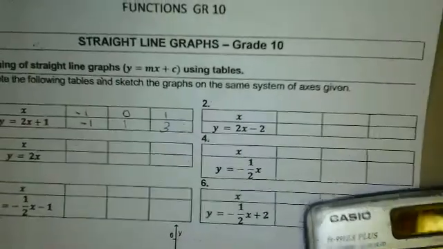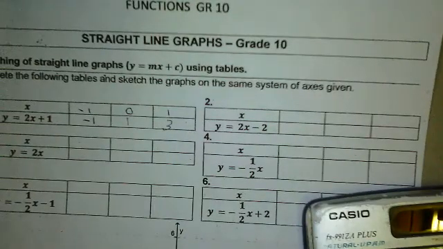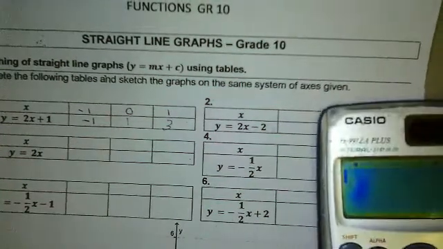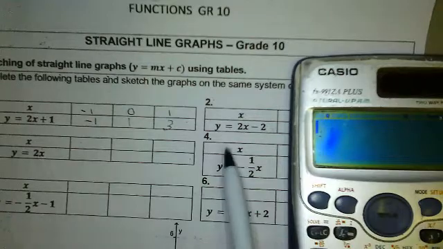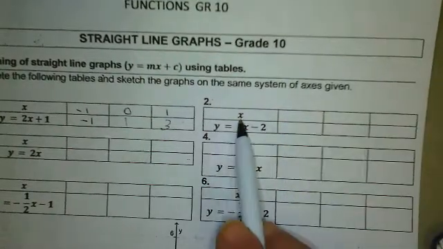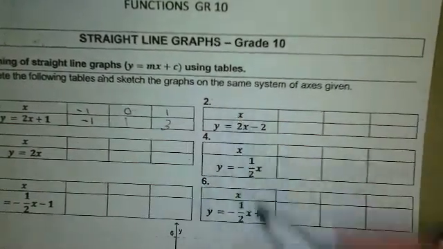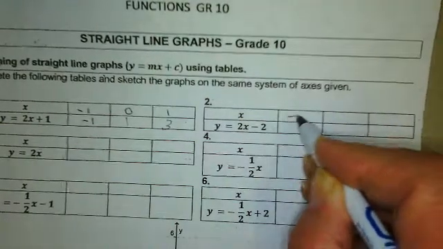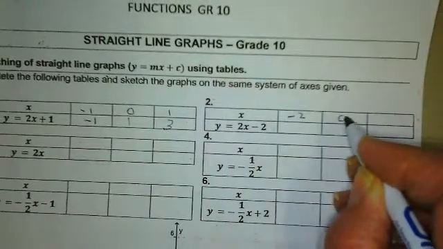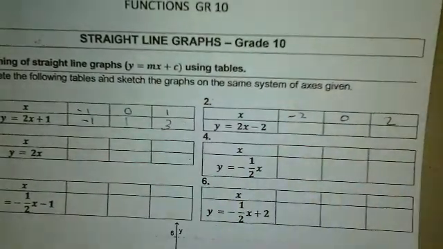If you don't understand that method, you can use the calculator once again in the following way. Remember, your x is your independent variable, so you can choose any values there. For this one, we choose -2, 0, and 2.